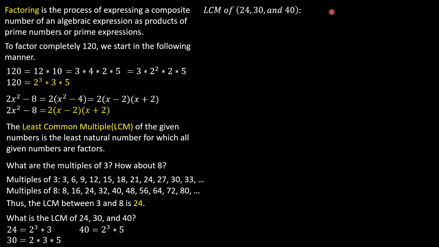And for 5, it's 5. So the LCM therefore is 2 cubed because it is the highest, times 3 and times 5. So that's the LCM. So 2 cubed is 8 times 3, 24 times 5, 120. So the LCM of 24, 30, and 40 is 120.